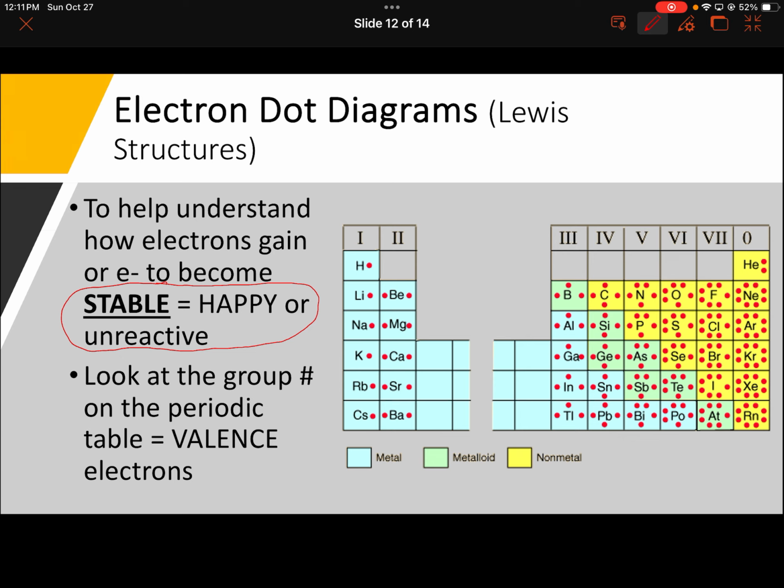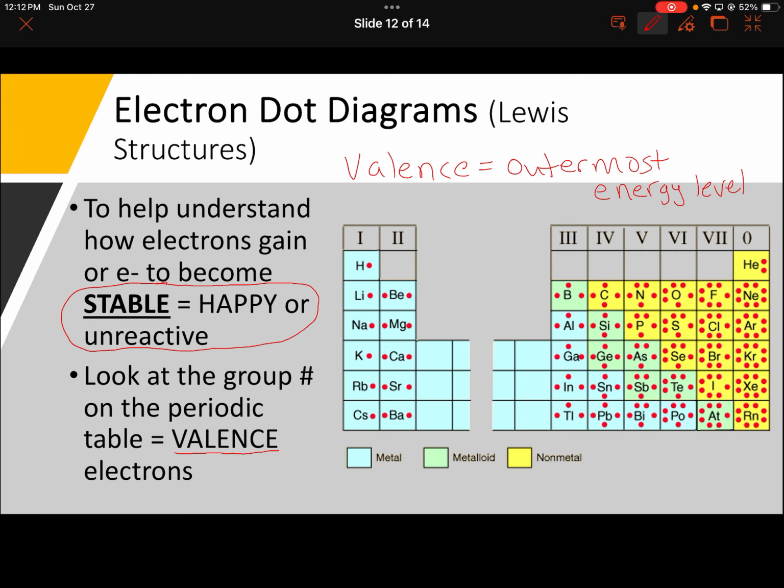The idea I want to get across is right here, this idea of valence, the valence energy level. Valence simply means the outermost energy level. That's all it means.